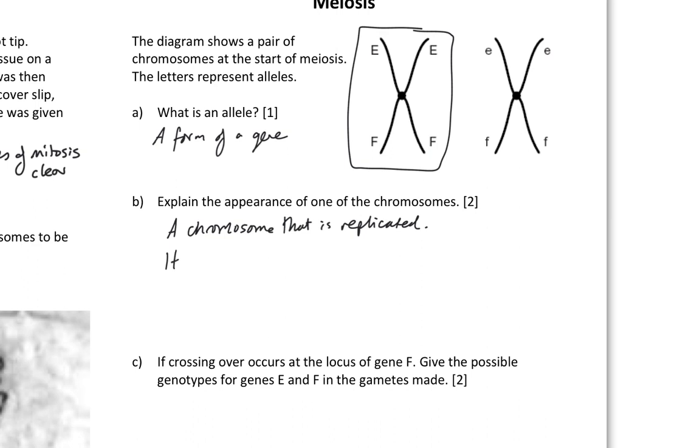And it's now made of sister chromatids joined by their centromeres. So each of these has a centromere. It looks like there's only one blob here. There's really two blobs squashed together.